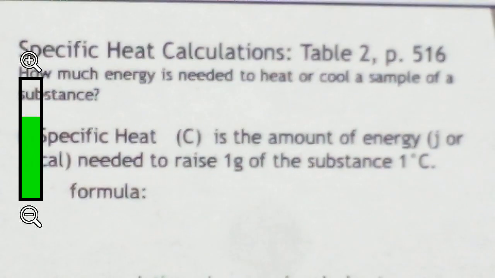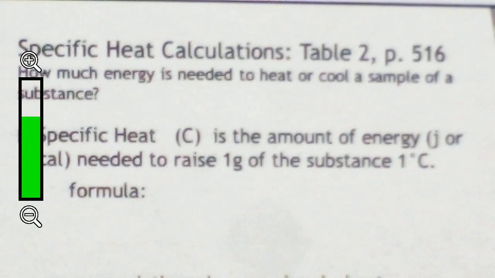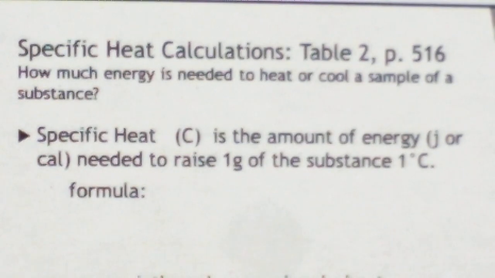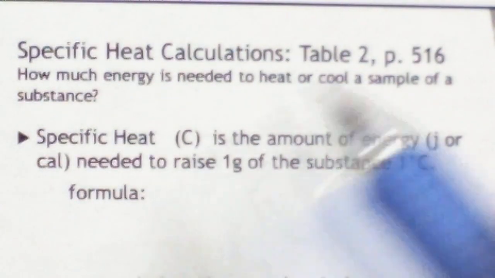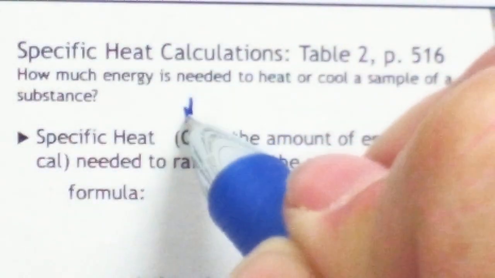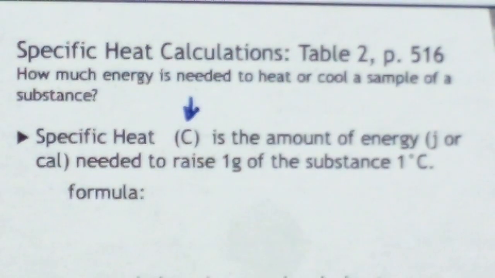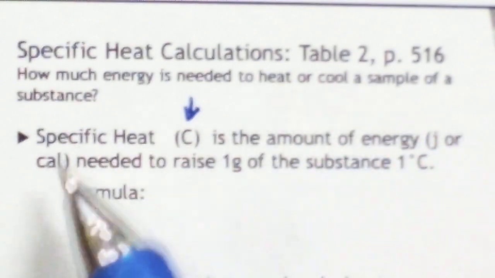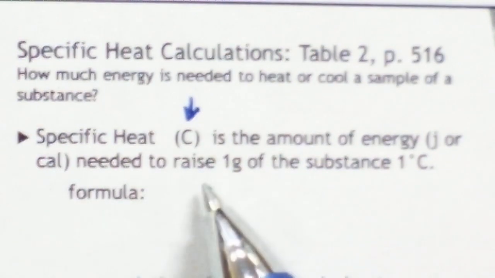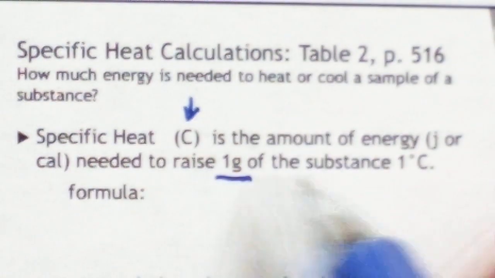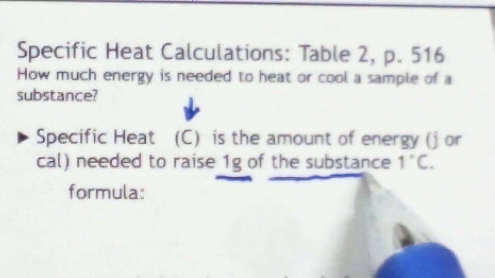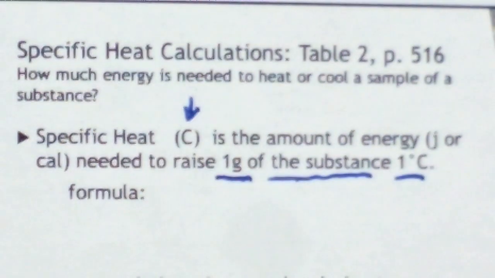Doesn't have to be water. And you use a constant for each substance. All different substances have their own specific heat. So specific heat, which uses the letter C, all right, is the amount of energy in joules or calories that's needed to raise 1 gram of the substance 1 degree Celsius.